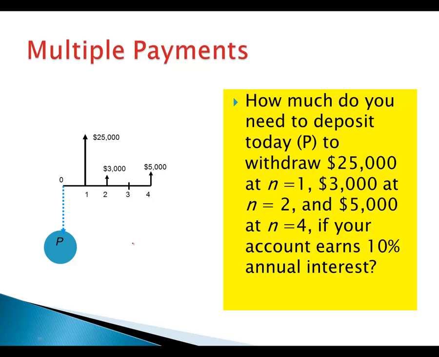In this case, we have a P amount that was deposited today, and there will be a withdrawal of 25,000 at the end of year 1, 3,000 at the end of year 2, and 5,000 at the end of year 4.